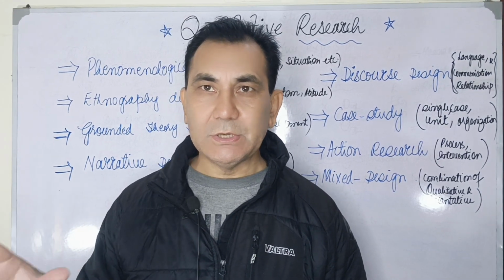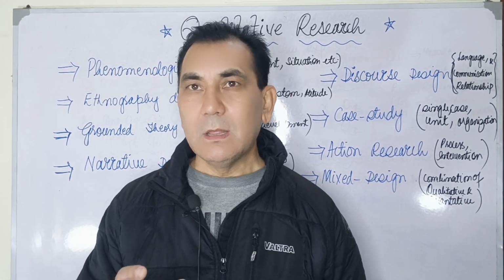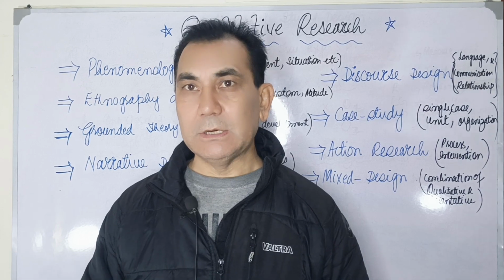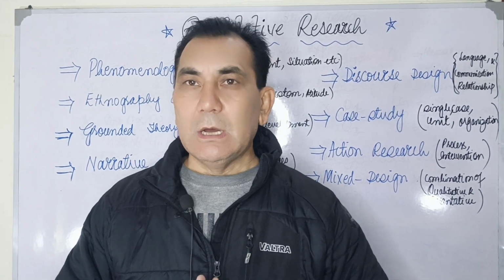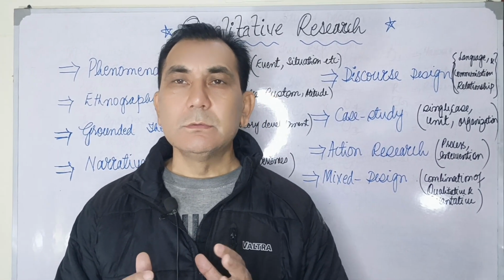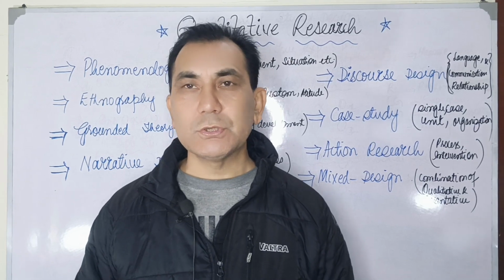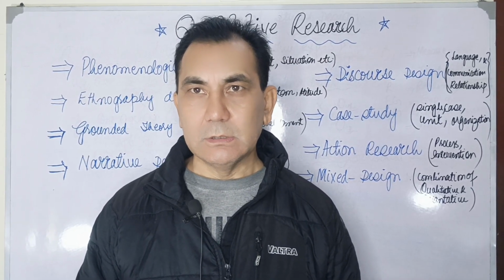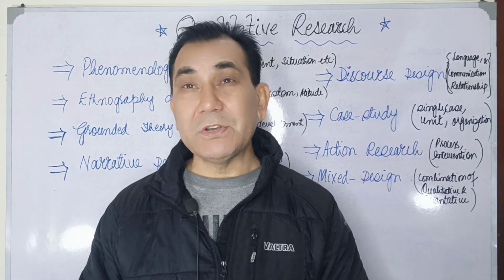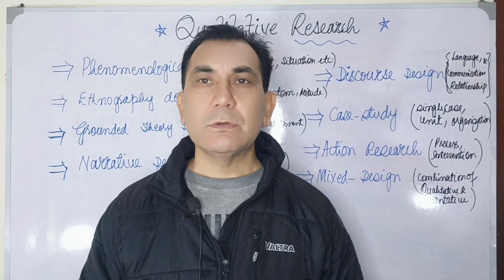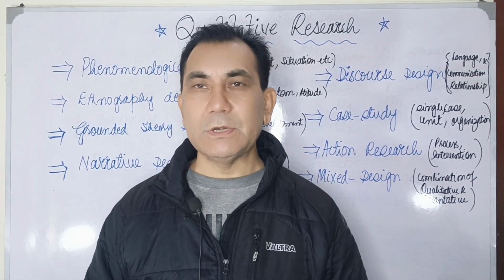The one is quantitative, the second one is qualitative. Now the third one is mixed method. In mixed method, the researcher does half of the research project in the quantitative way, and half of the study design in the qualitative way.